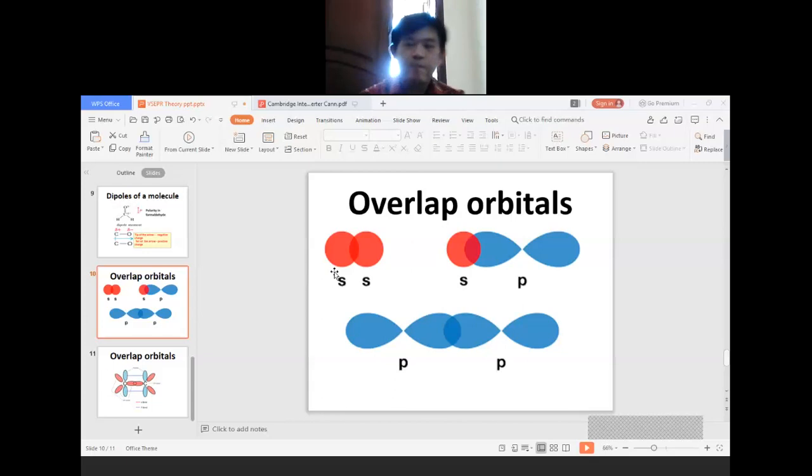And then overlap between the s orbital and p orbital is also called a sigma bond. And the overlap between a p orbital and another p orbital is called a pi bond. Okay, this is the pi bond.